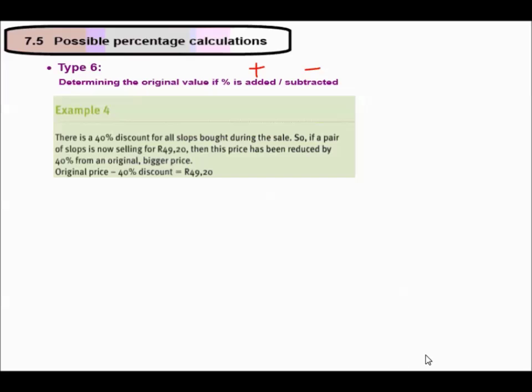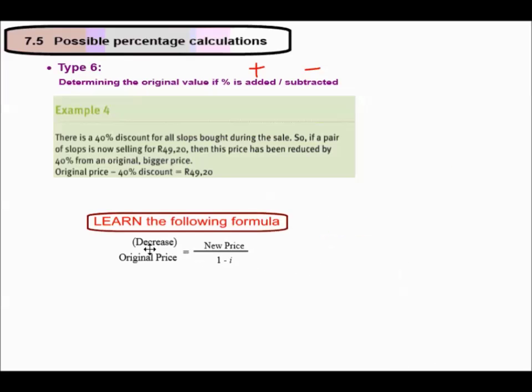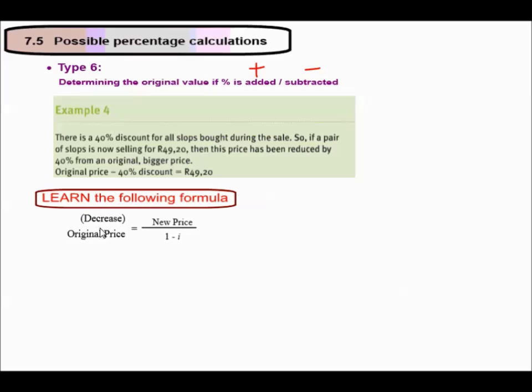So what we are going to do is learn this formula. If there has been a decrease, subtracted, minus, you're going to have your new price over 1 minus the interest rate.